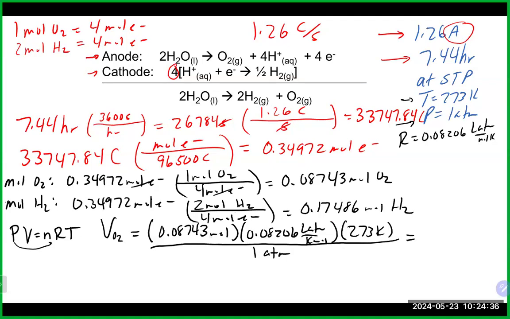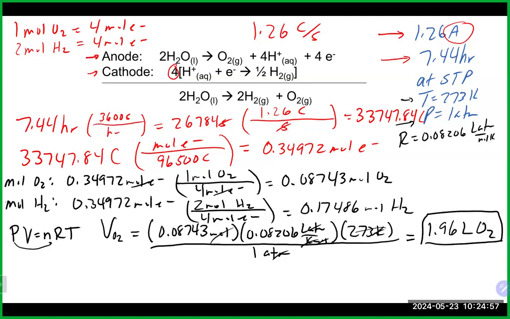Everything is going to cancel out except for liters. So that will get us 0.08743 times 0.08206 times 273, and we'll get 1.96 liters of oxygen in this particular case.